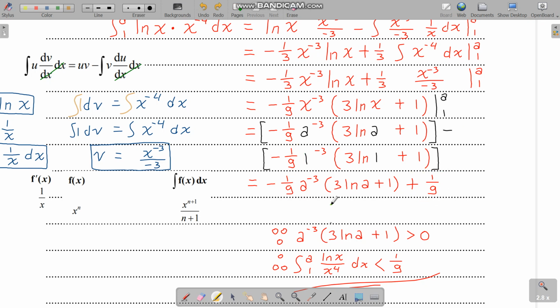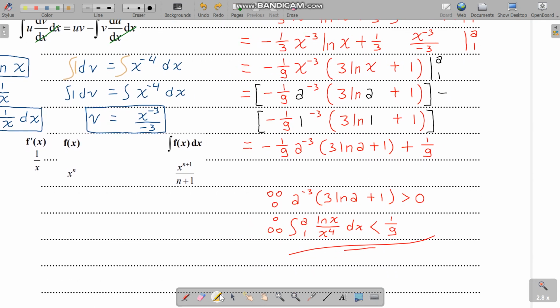So now if you look at this form here, after we simplify everything, this is the integral. Now we have to prove that this integral is less than 1 over 9.